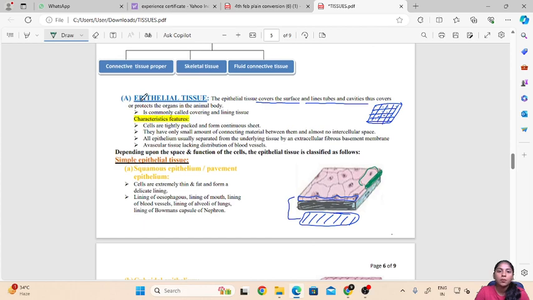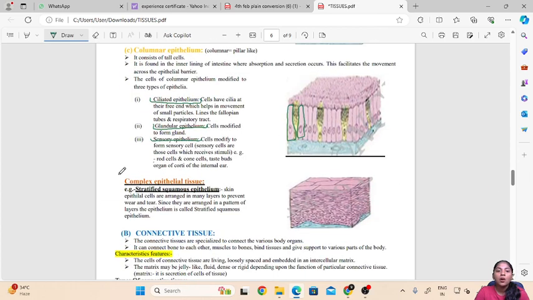Then the second type of epithelial tissue is complex epithelial tissue. Now this is usually made from layers of squamous epithelium. The stratified squamous epithelium is a tissue where squamous cells are arranged in layers.